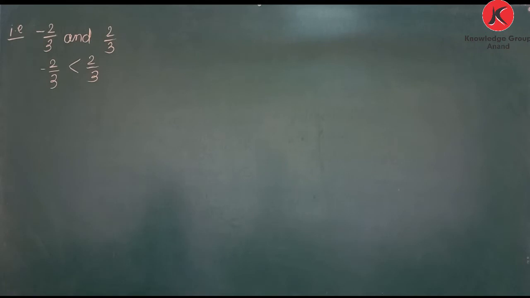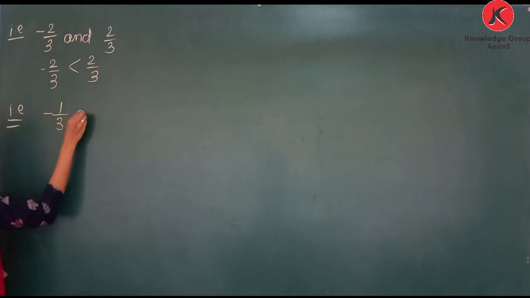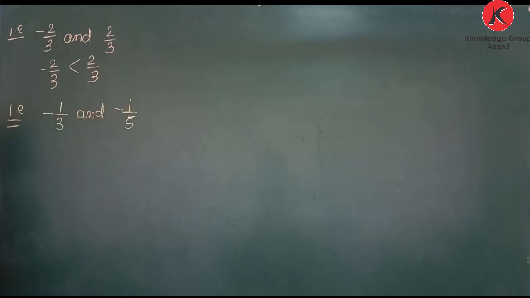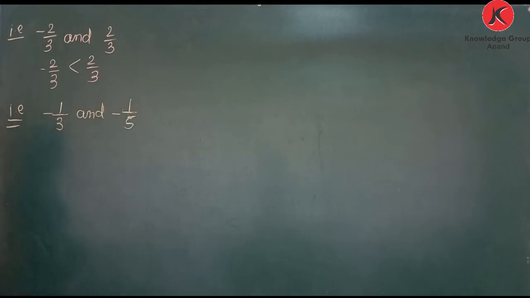And if both are negative, how can we compare? Minus 1 by 3 and minus 1 by 5. In fractions we learn that whenever the numerator is the same, the smaller denominator becomes the greater fraction.